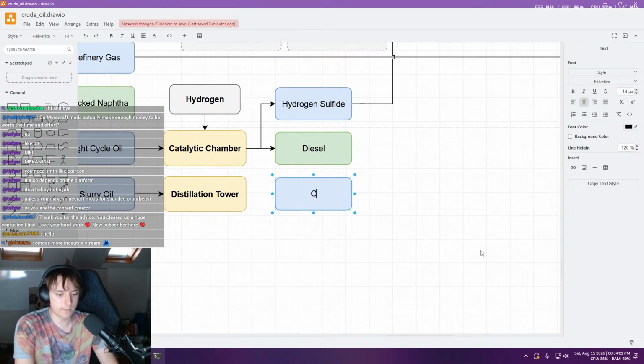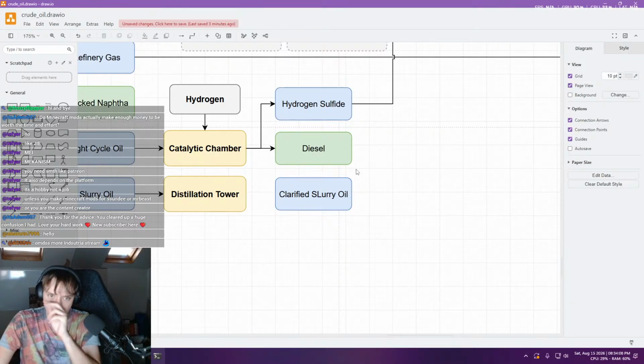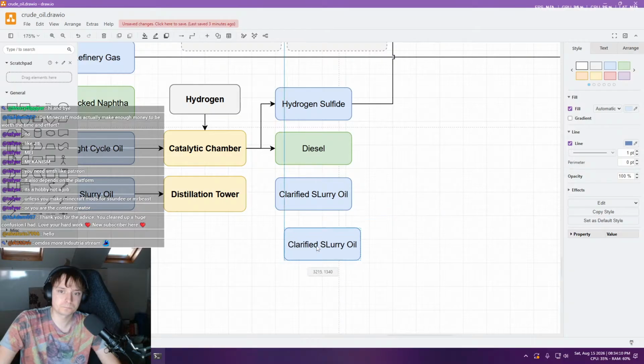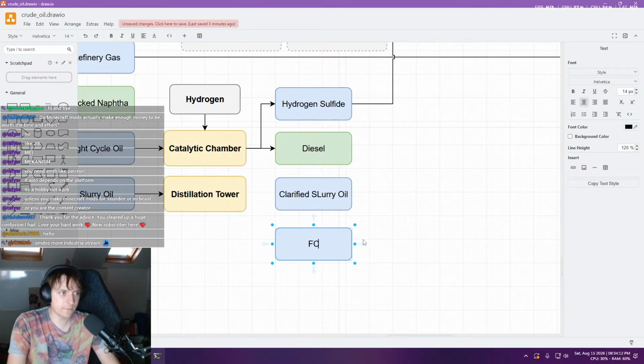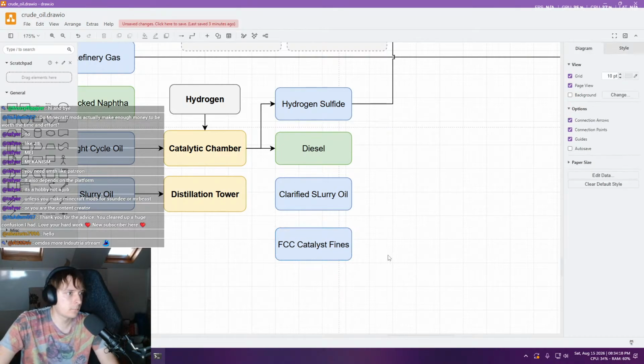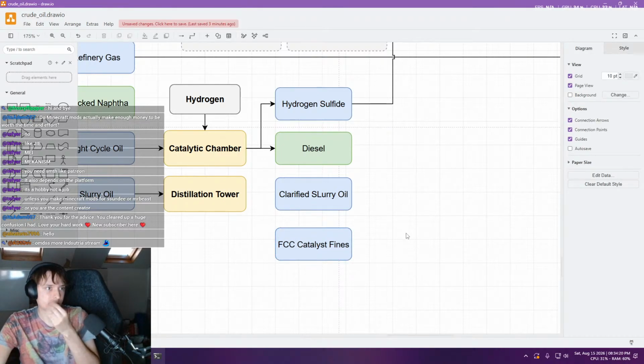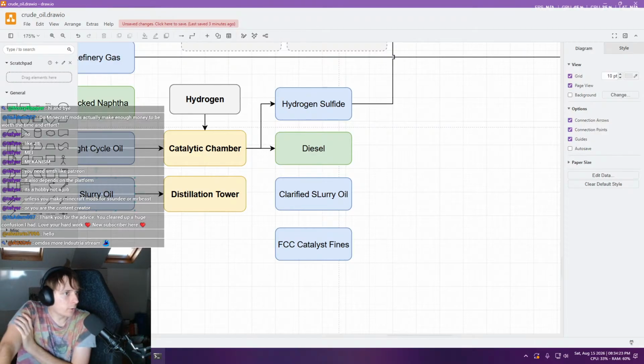Okay. So this is clarified slurry oil. And it also produces, apparently, something called FCC catalyst fines, which basically aren't useful, but they can be used to make cement or concrete.